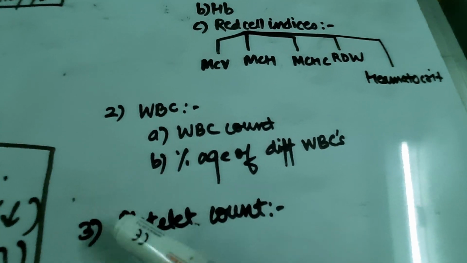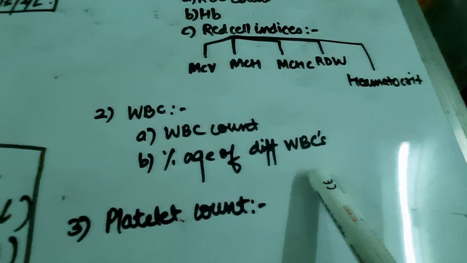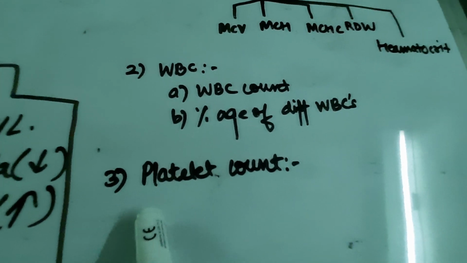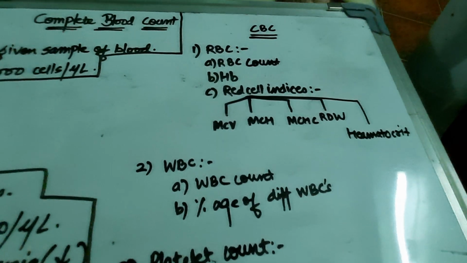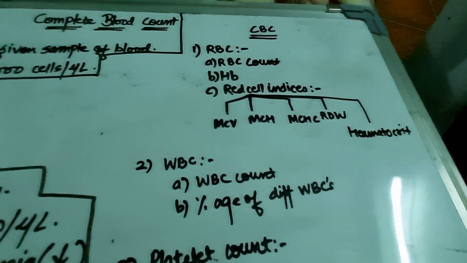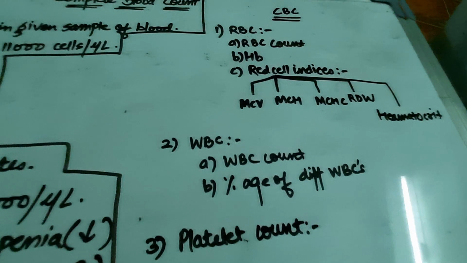WBC has two headings, WBC count and percentage of different WBCs, which are neutrophil, eosinophil, basophils. And the last and not the least, the platelet count. This is how you should write the CBC in the exam. And if someone asks you what are the things included in CBC, this is the way you should answer.